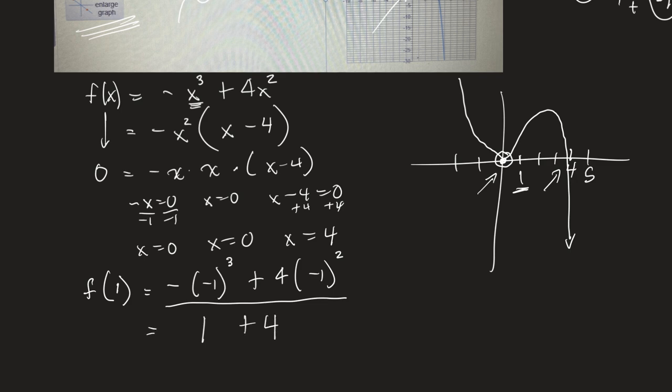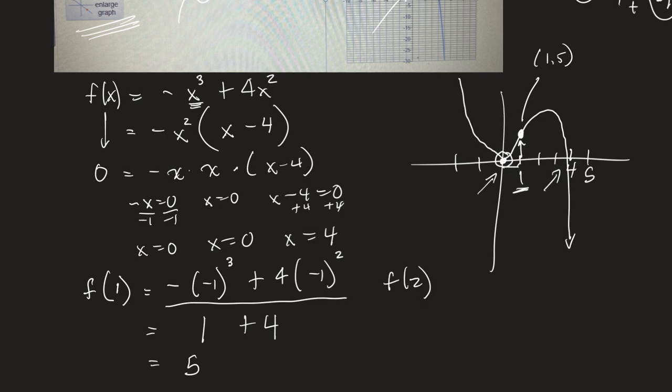So the answer to f of 1 is 5. So there's a point on that graph that is 1 and 5. I go over 1 and up 5. So that point there is 1 and 5. And when you graph it, you need to graph that. I'll hopefully try and show you that.